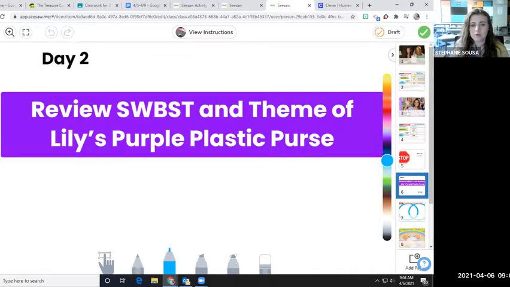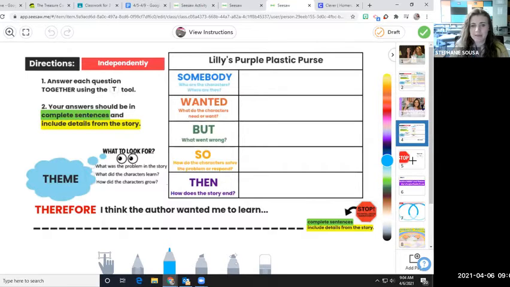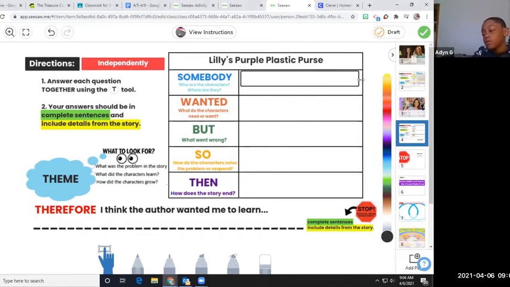Okay, so let's review your independent work yesterday. What did you guys figure out yesterday about Lily's Purple Plastic Purse? Somebody. Who are the characters in this text? Aiden G. Who are the characters in Lily's Purple Plastic Purse? So it's Lily and her teacher and her classmates.